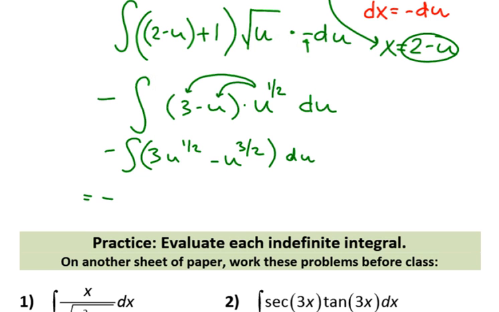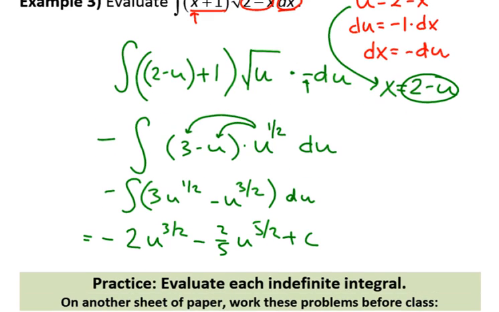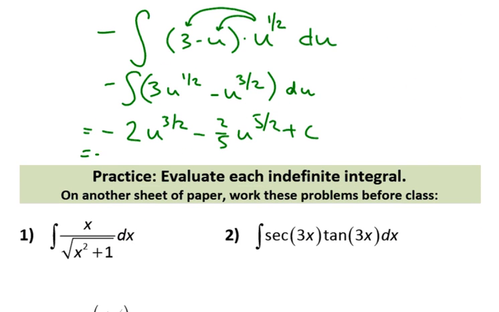And then when we integrate, we get negative, 3 times u to the 3/2 times 2/3 would just be a coefficient of 2, minus u to the 5/2 with a coefficient of 2/5, plus c. Then for our final answer, we're going to replace with u. So u is 2 minus x. So that would be our final answer.